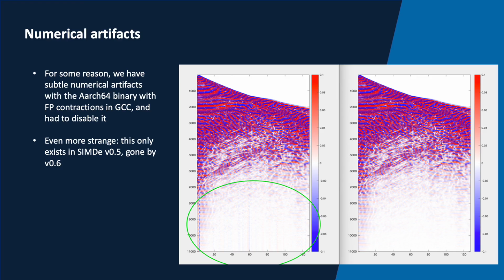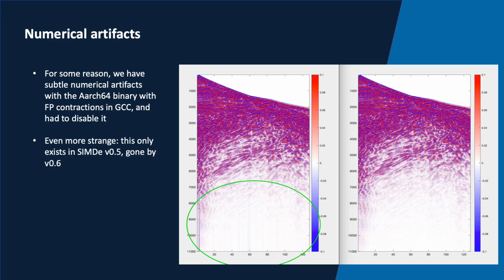Now in terms of snafus, we did hit some. At the very beginning, we saw numerical artifacts that come in at later times. They are about 5% of the values, like the median values that you see in this wavefield. You see this circled in green compared to the reference on the right, which is computed with Intel. There are just some weird straight line artifacts that we can see.